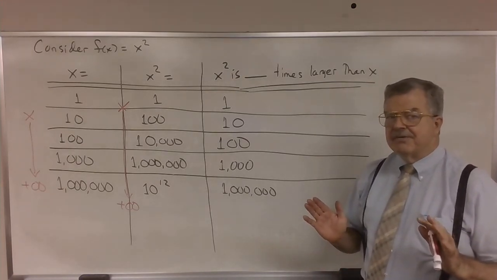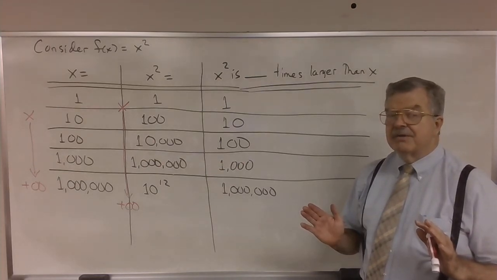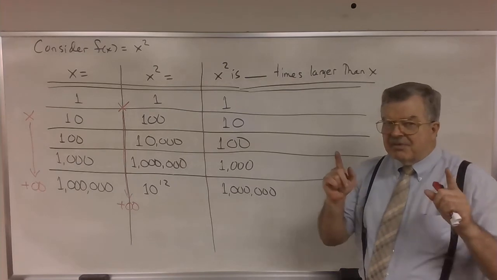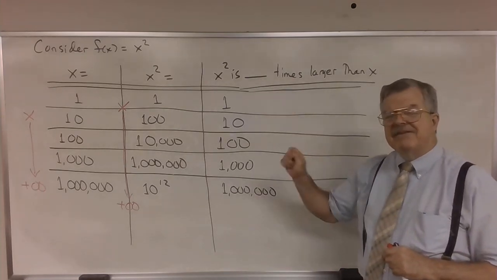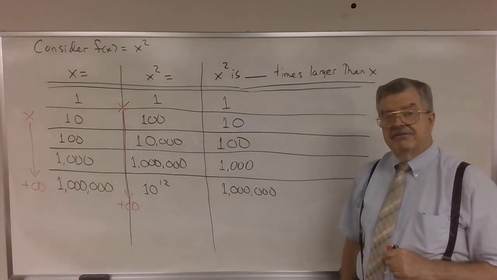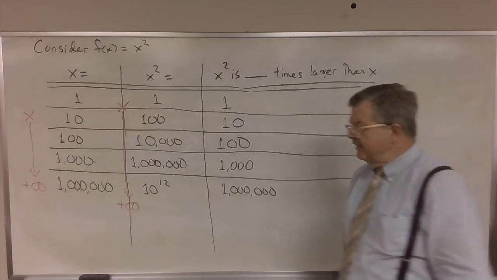X is going to infinity, and of course x squared is going to infinity. But as x and x squared both go to infinity, x squared is becoming infinitely larger than x. That's amazing. Let's write that down.